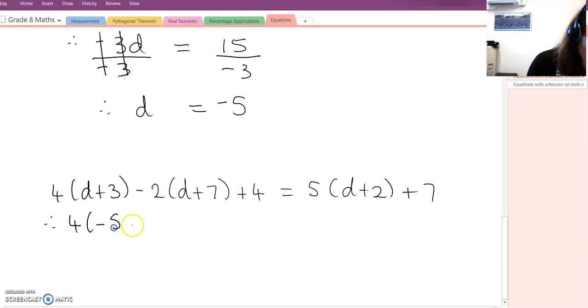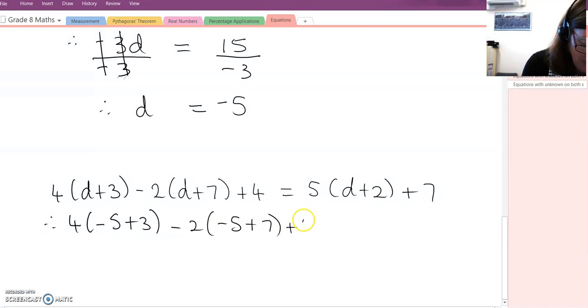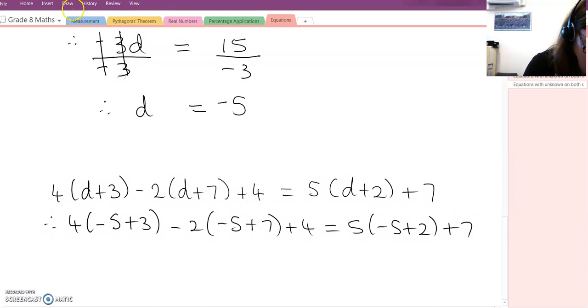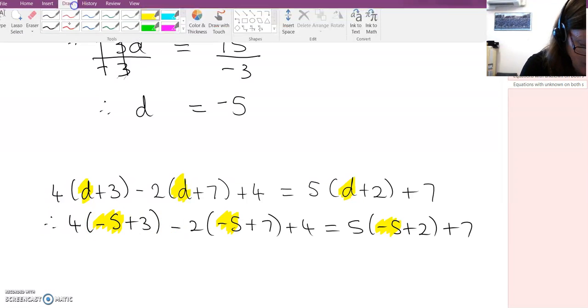So where I see D, I've written negative 5. Checking your solution is really good, and you can basically know straight away yourself whether you've got questions right. Really worthwhile to check your solution.